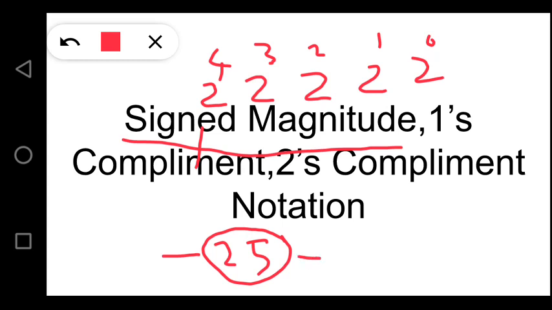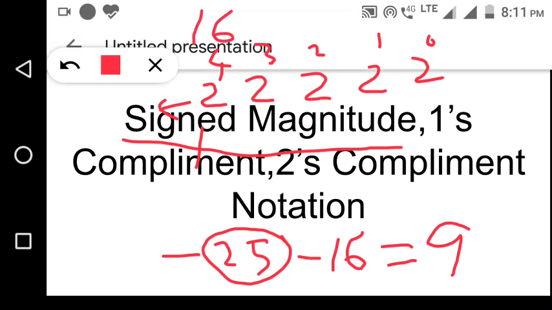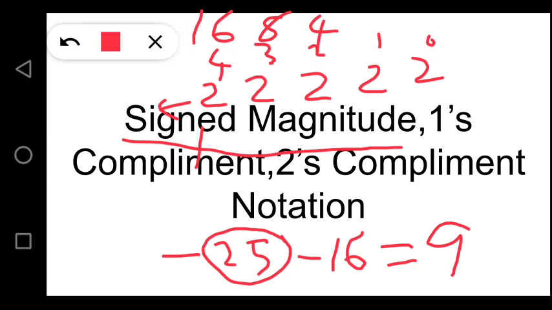If you subtract 25 minus 16, what happens? Remaining is 9. So the weights are 16, 8, 4, 2 and 1.